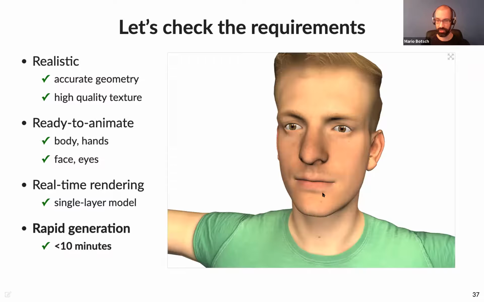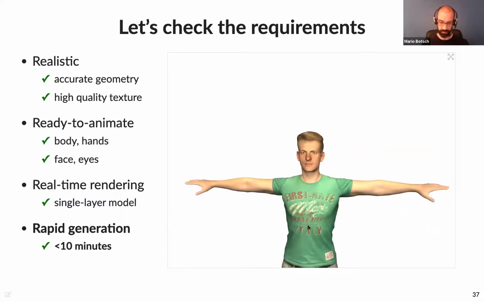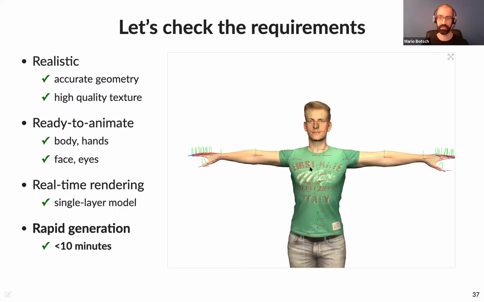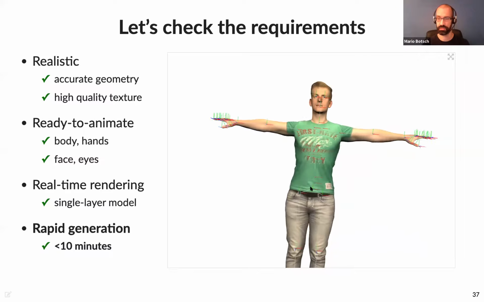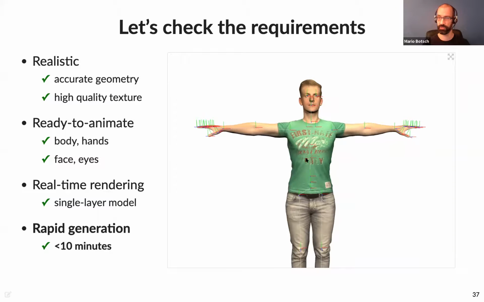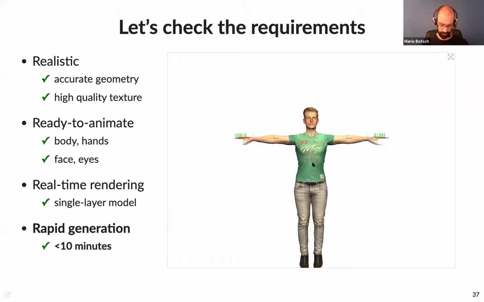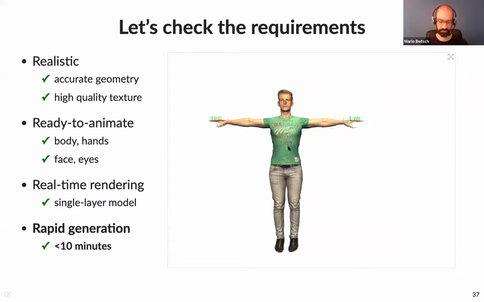Now, what about ready to animate? So by construction, the model has an embedded skeleton. This is the one that I showed you in the beginning that we start from. So if we have a skeleton, we can animate the character.